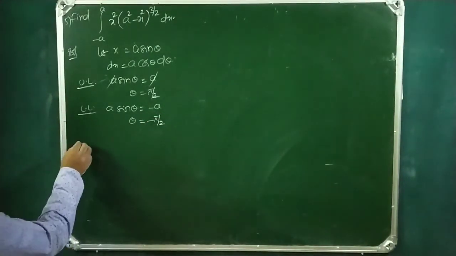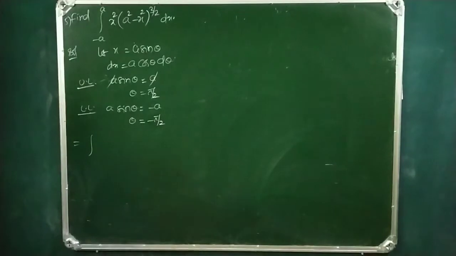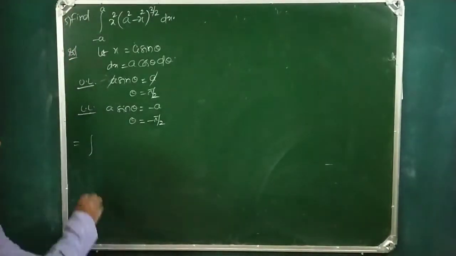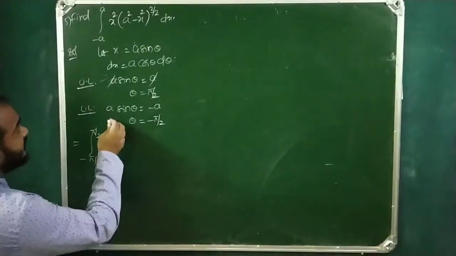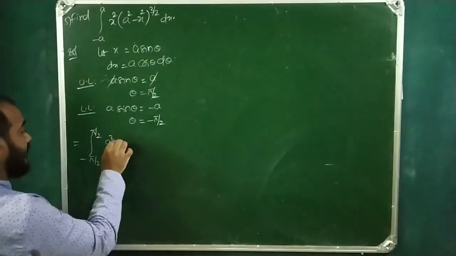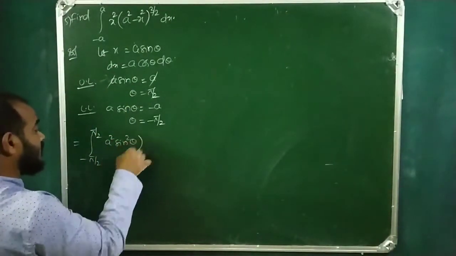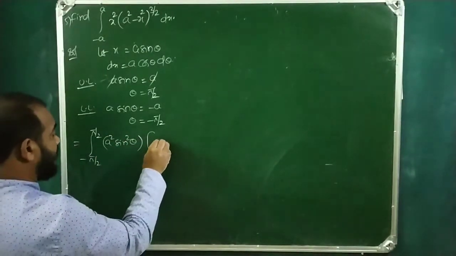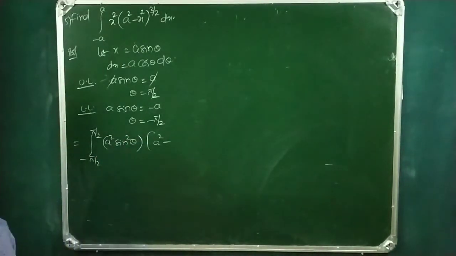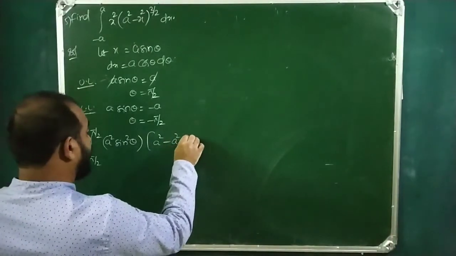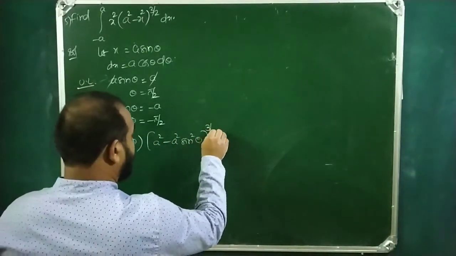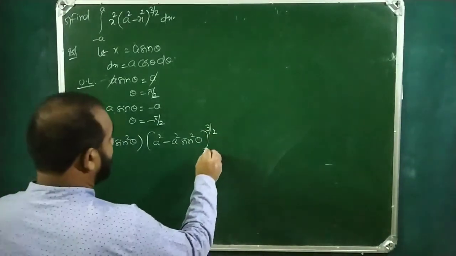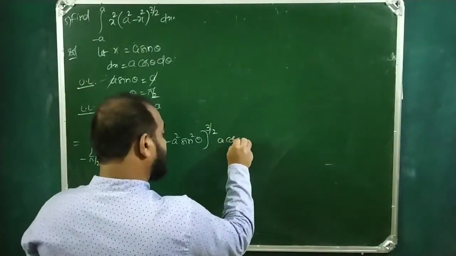So the given integration will be, from minus pi by 2 to pi by 2, x square is a square sin square theta, into (a square minus x square) is a square sin square theta, whole power 3 by 2, into dx is a cos theta d theta.